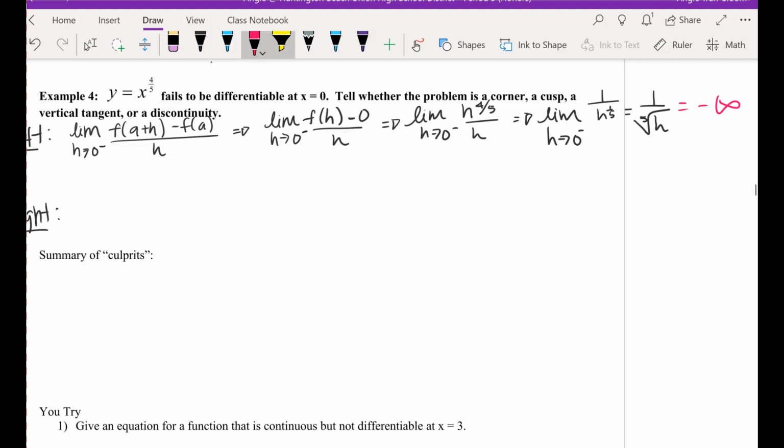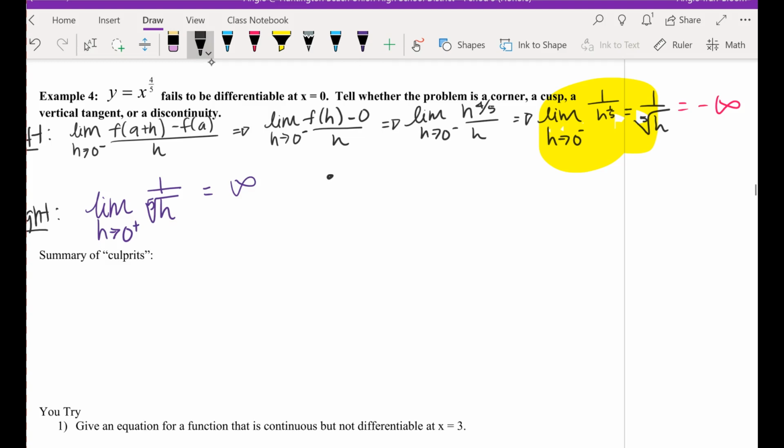Now on the right side, you can skip a lot, all the way to here. Yeah, skip all the way to there. So the limit as h approaches 0 from the right of 1 over the 5th root of h. What happened when you pick positive 0.0001? Then it's a positive infinity. Now look at your rules. Which one of those 4 are we going to write?